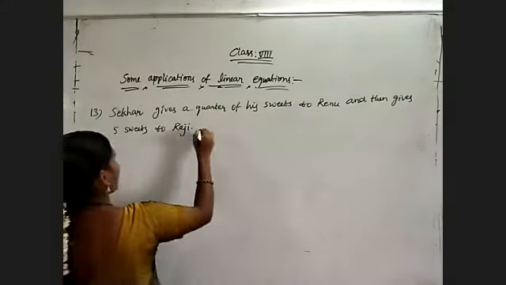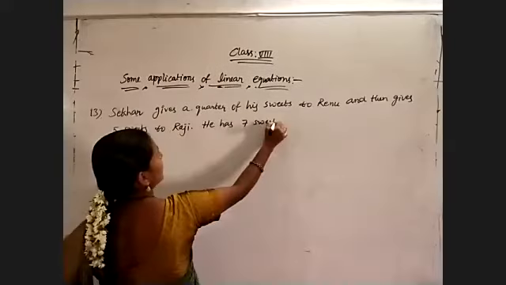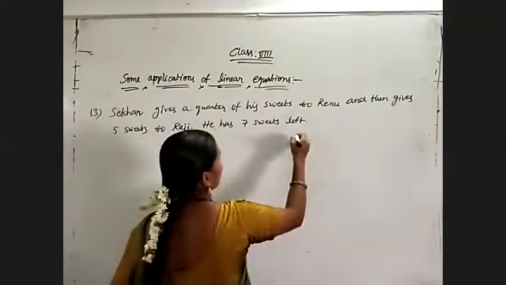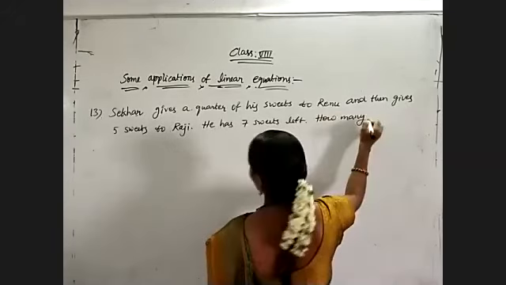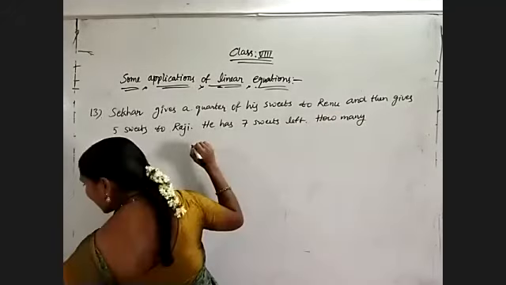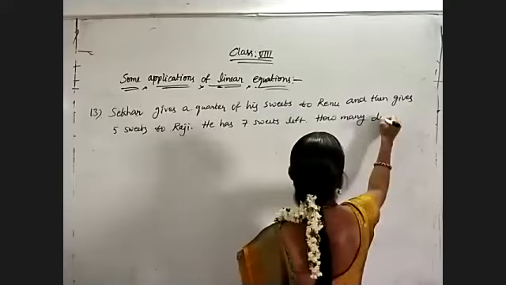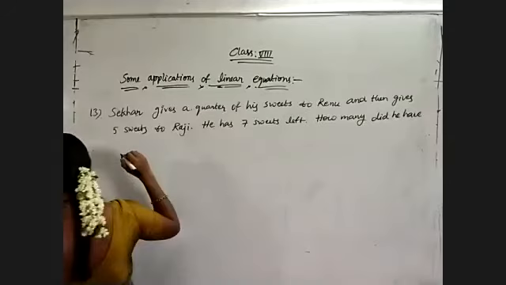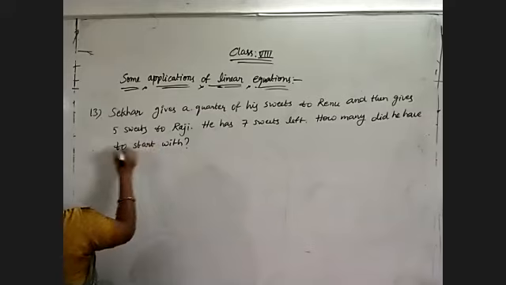He has 7 sweets left. How many did he have to start with? So the actual amount of sweets we need to find, before giving to all people.